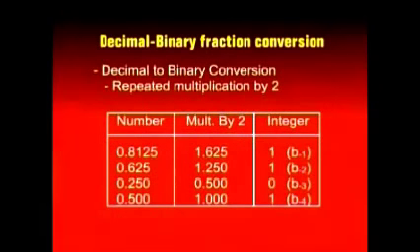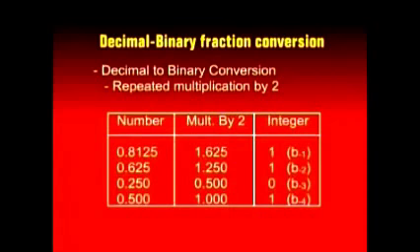Converting fractions from decimal to binary requires repeated multiplication by 2. The decimal number 0.8125 is to be converted into binary, is multiplied by 2, which results in 1.625. The integer part 1 is noted and the fraction part 0.625 is multiplied by 2.